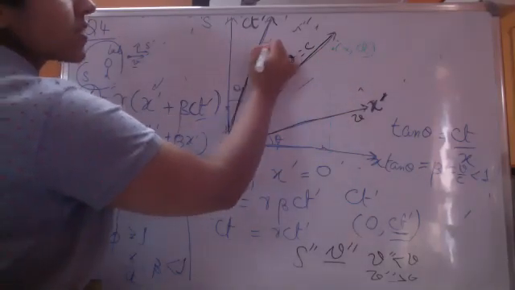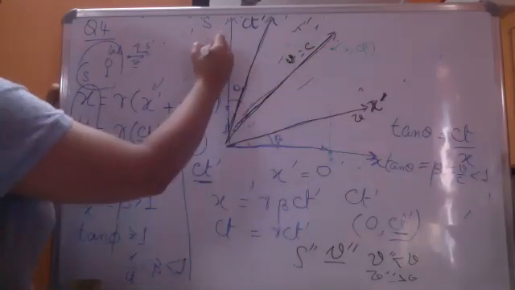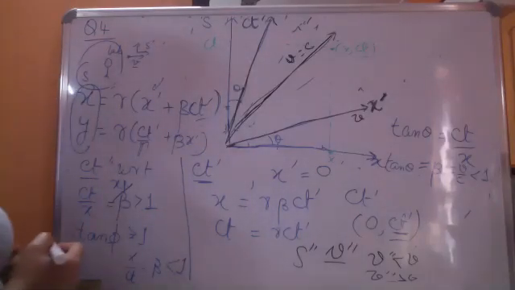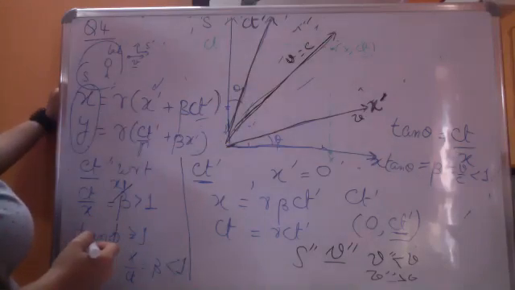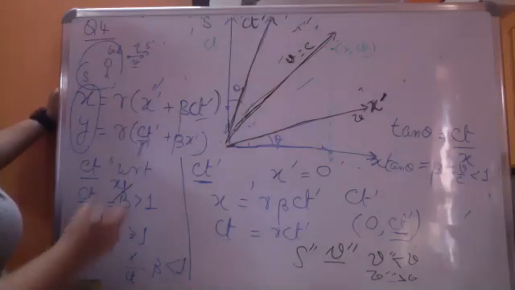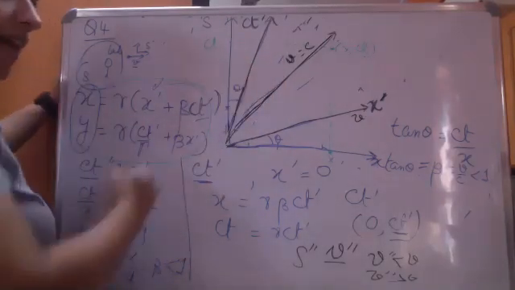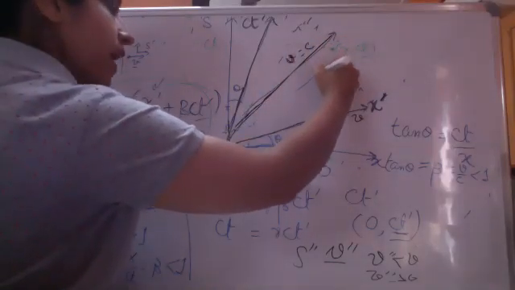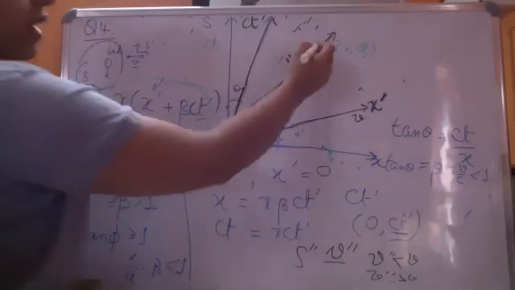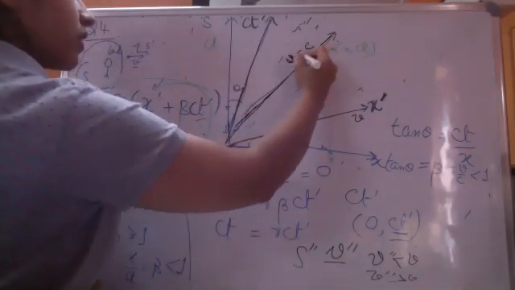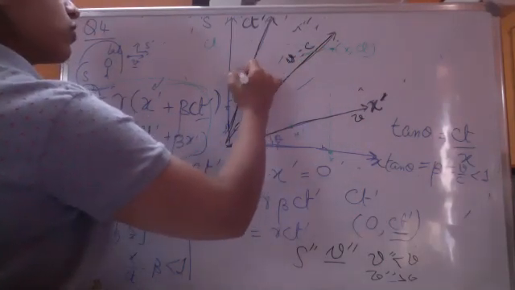By drawing lines parallel to ct to get its x, and parallel to x to get its ct. For the same event, what would be its corresponding coordinates, which are related to x and ct by the Lorentz transformation? How will you get them? You will get them by drawing lines parallel to ct prime. That gives you x prime. And drawing lines parallel to x prime gives you ct prime.